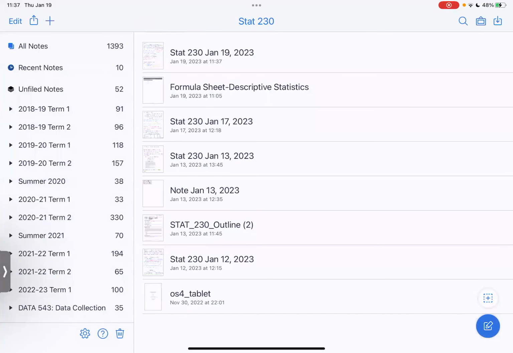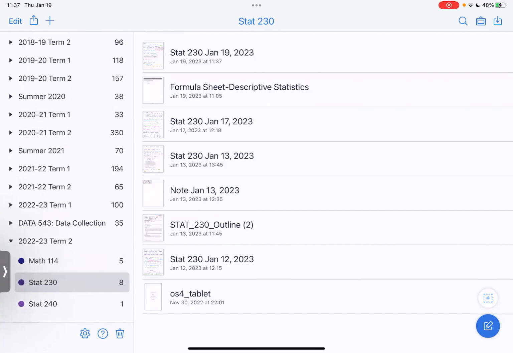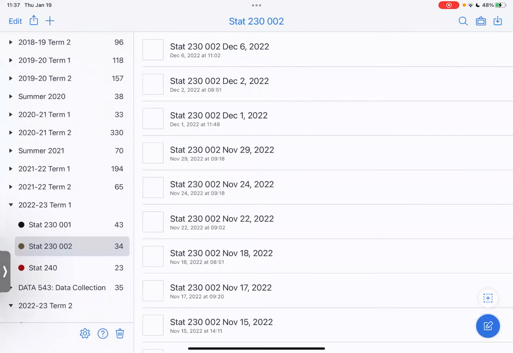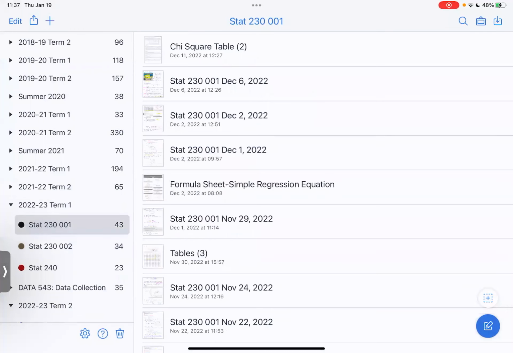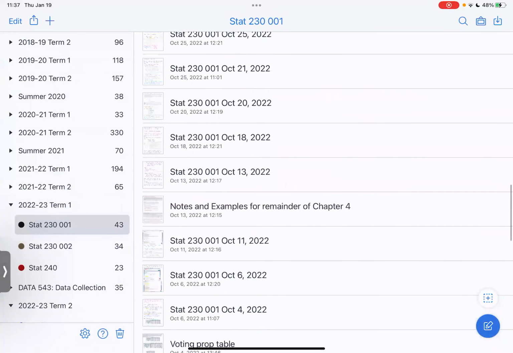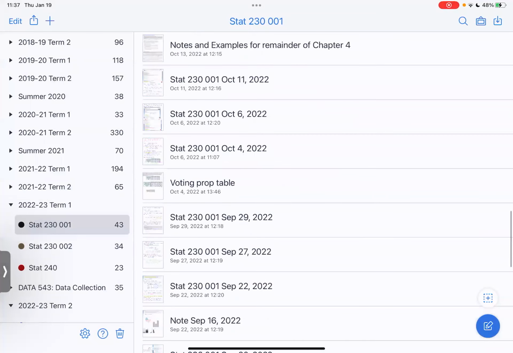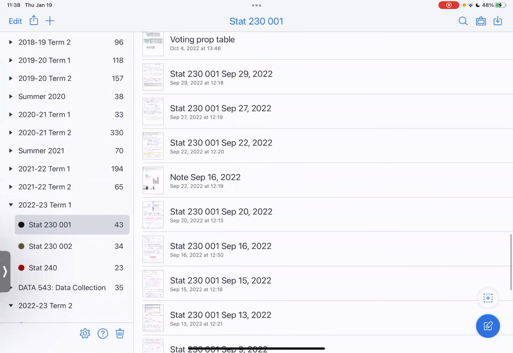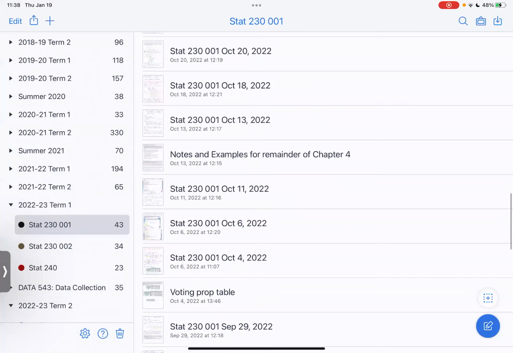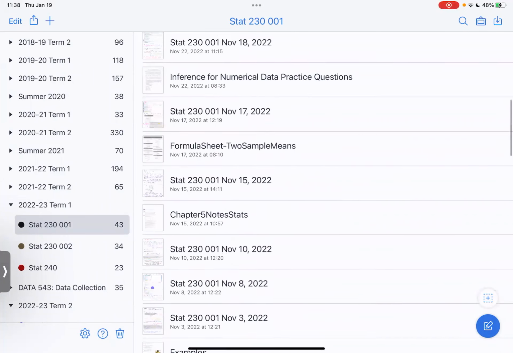Let's see here. Oh, I did not grab it. That's okay. I have an example. Where's chapter one?